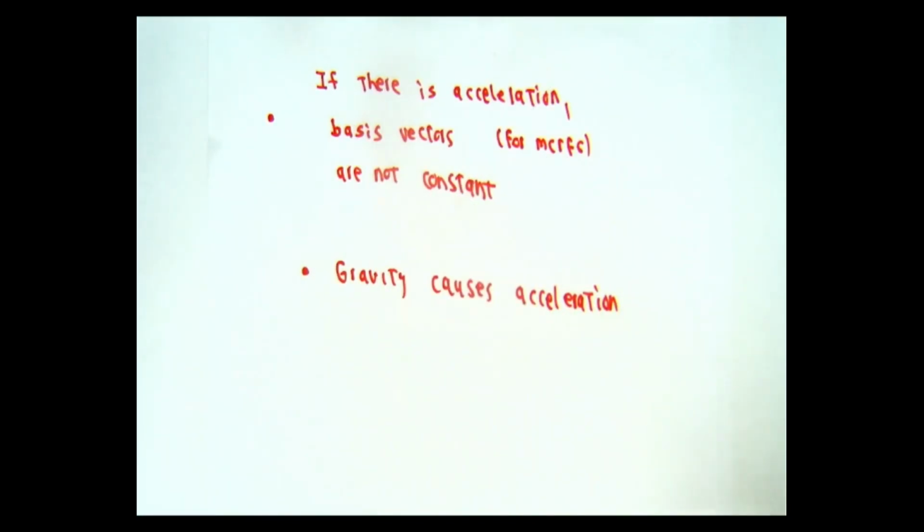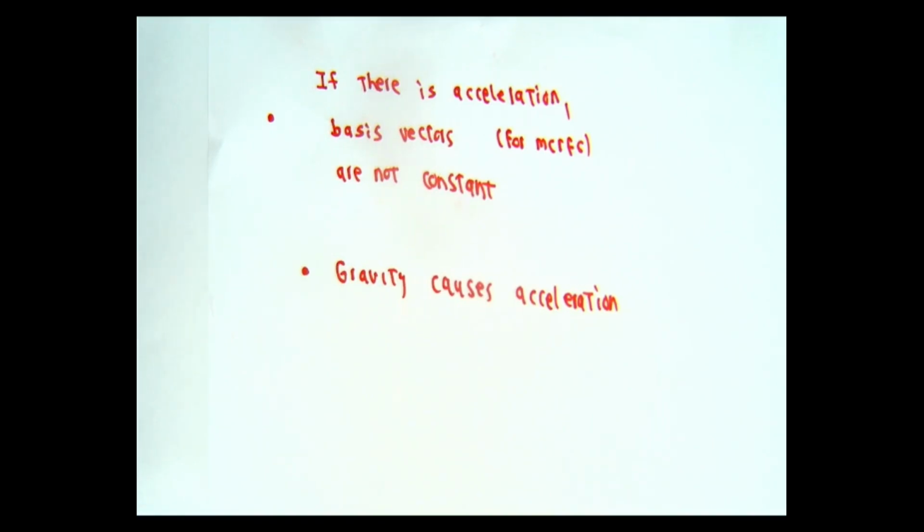So I'd like to state 2 sentences before I go on and do more calculational stuff. Sentence number 1: if I'm thinking about these momentarily co-moving reference frames, if there is acceleration, then the basis vectors are not constant. We've just seen that. More ominously, gravity causes acceleration. There are many words that I could tack on to the end of that sentence, but I'm not going to.